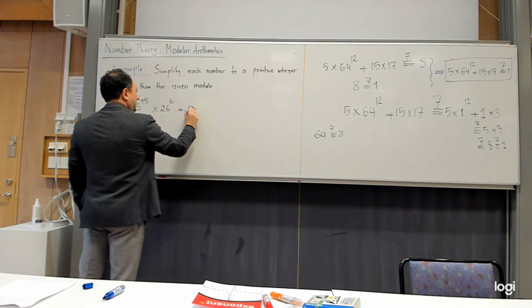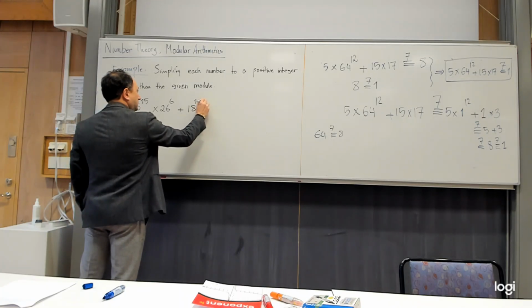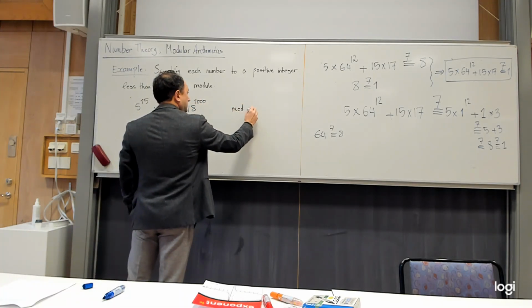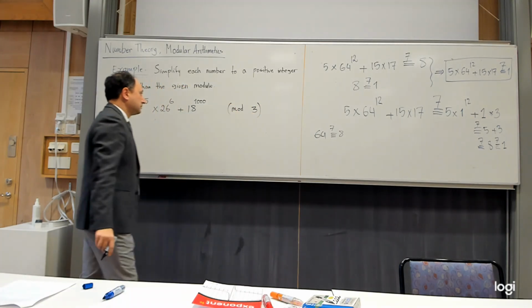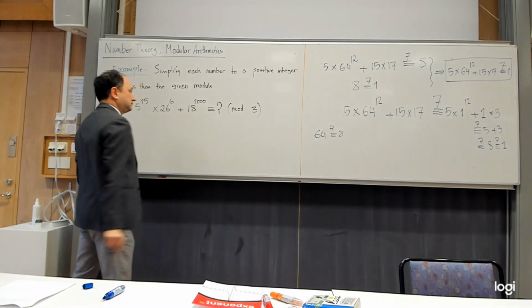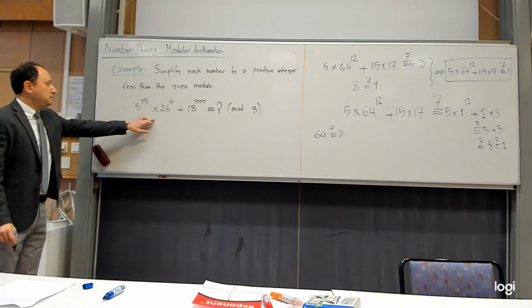Okay, so I would write 18 to the power of 1000, and then I would write module 3. Okay, so help me to do that.